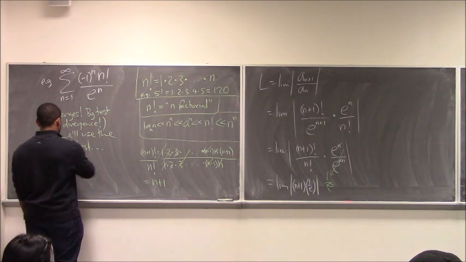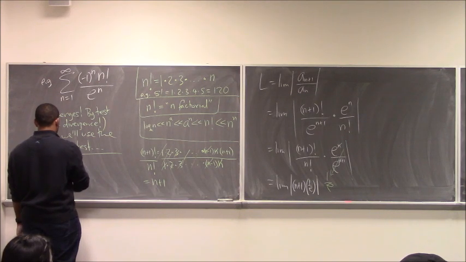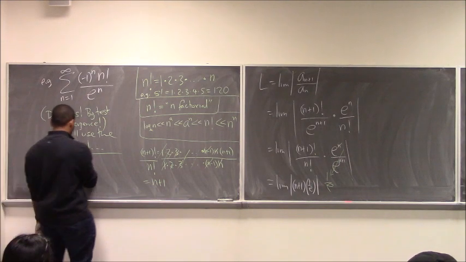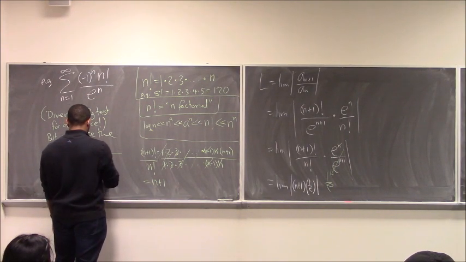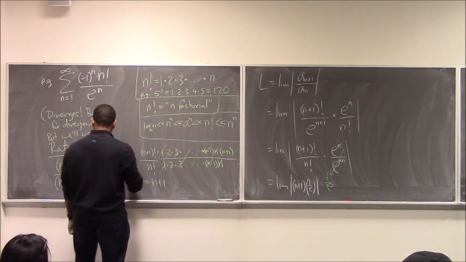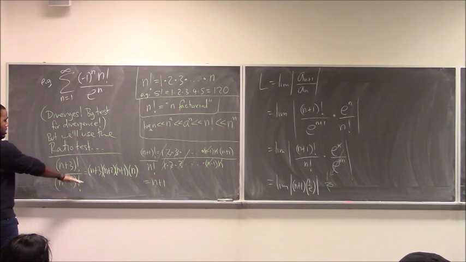What's that equal to? Then the next thing would be n minus 1, counting all the way down, but then the denominator is going to cancel all that.